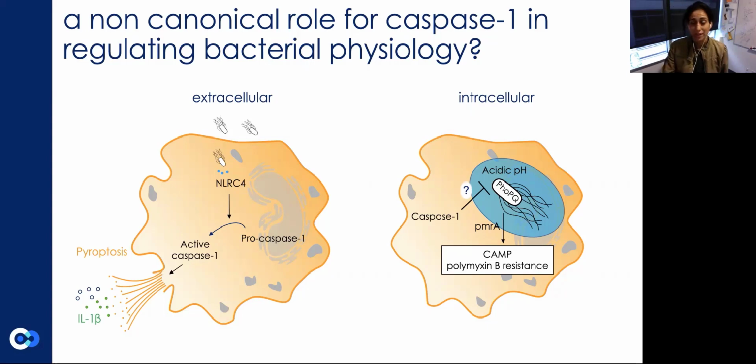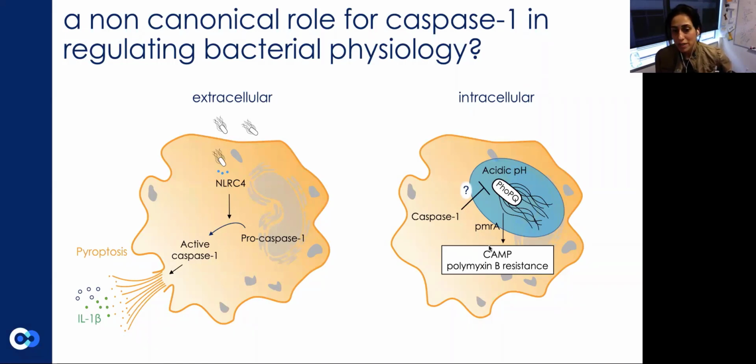Evolutionarily, we think that this axis, where caspase-1 actually shuts down antimicrobial resistance of Salmonella and makes it more susceptible to antimicrobial peptides, might have evolved in the host in order to make bacteria more susceptible to antimicrobial peptides.